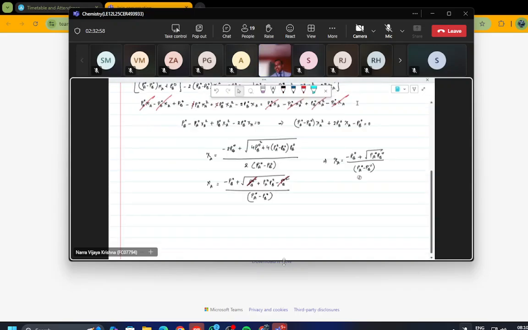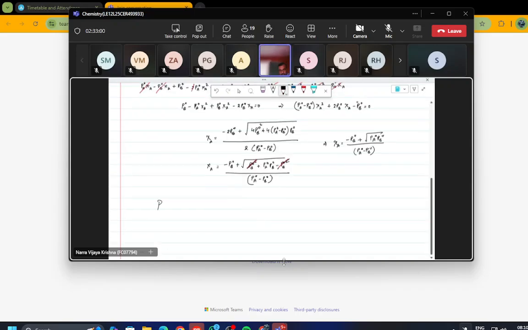Right? Substitute this XA in total P equation. What is total P? PA naught minus PB naught into XA plus PB naught. Instead of XA, I am substituting this: minus PB naught plus under root PA naught PB naught upon PA naught minus PB naught. Correct?